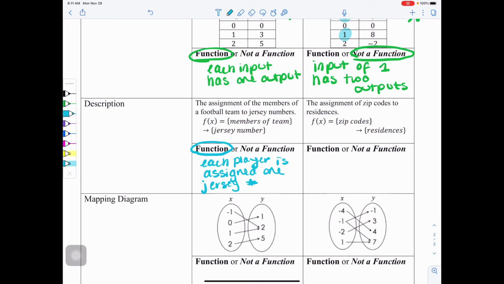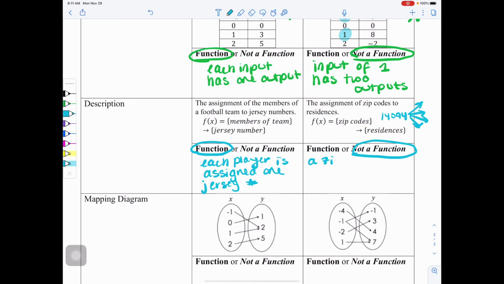So if I look at the other one, the assignment of zip codes to residences. So for example, the zip code for Lockport is 14094. I want to know if the assignment of zip codes to residences is a function or not. Well, think about it. Let's say 14094 is Lockport. There are many families that live in Lockport that would all have the same zip code. So that means this is not a function.